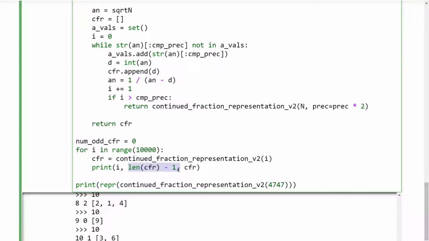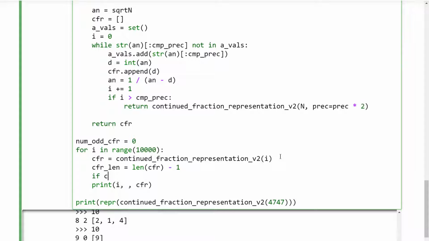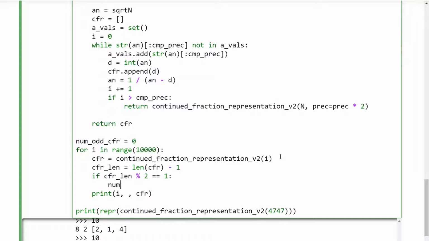So this is CFR len. If CFR len mod 2 is 1, then odd plus equals 1.